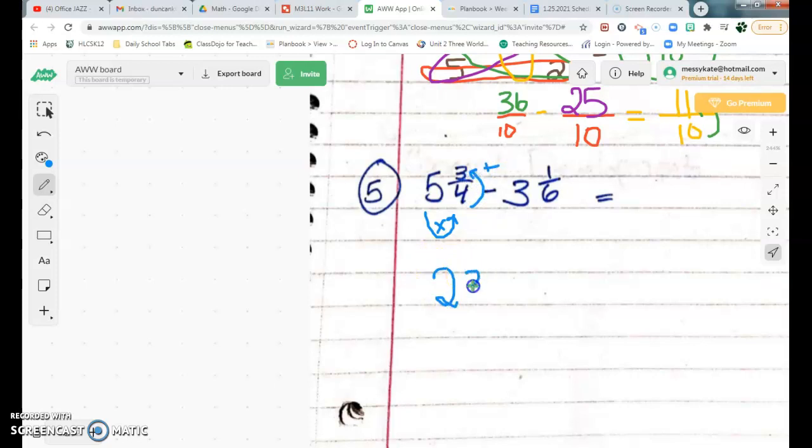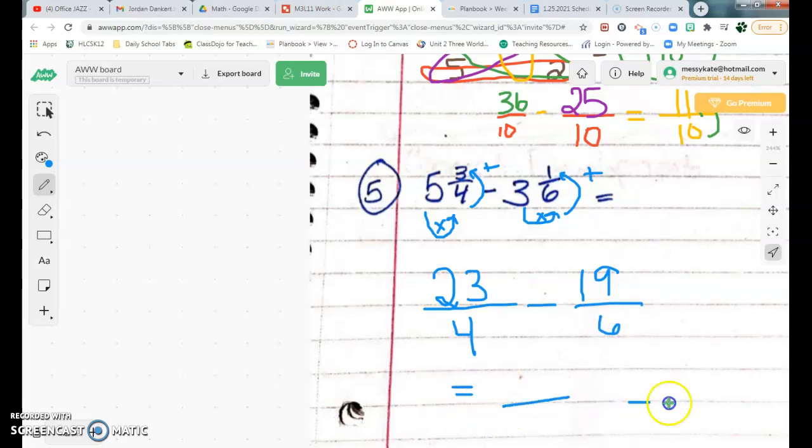So I've got 23 over 4 minus 3 times 6 is 18. 18 plus 1 is 19. So I've got 19 over 6 equals.